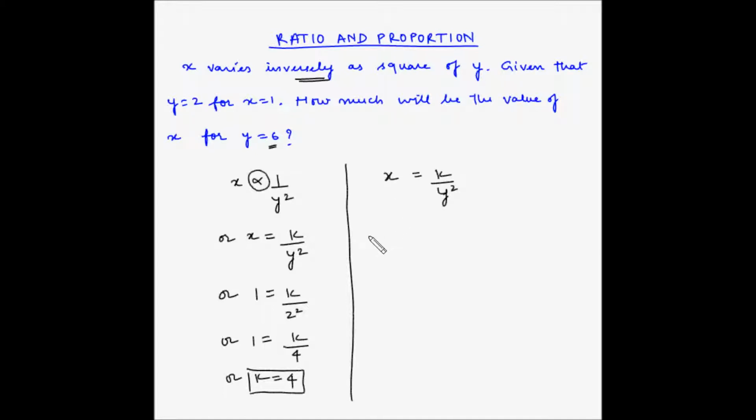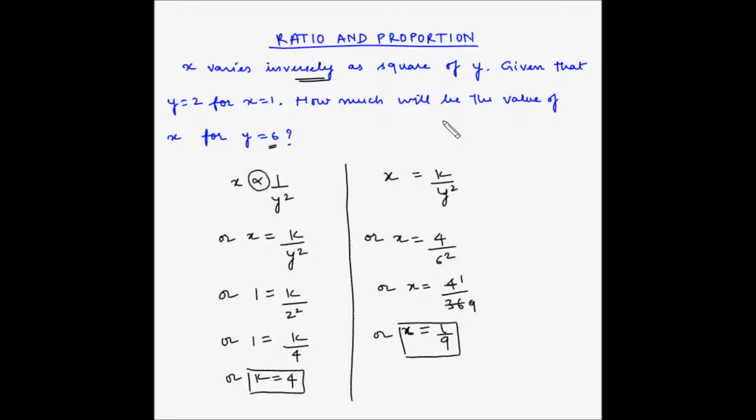So x is equal to 4 divided by 6 square, which is 36. 4 ones are 4, 4 nines are 36, or x is equal to 1 by 9. So if y equals 6, then x is 1 by 9.